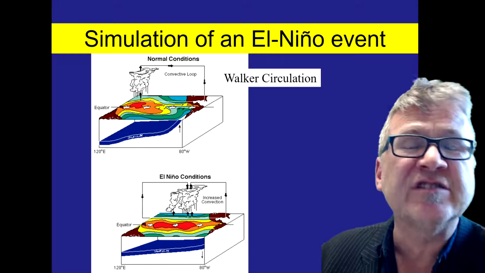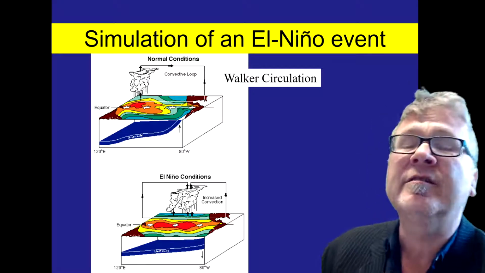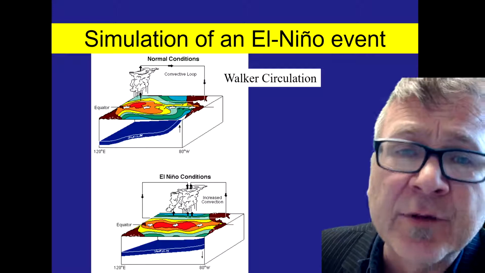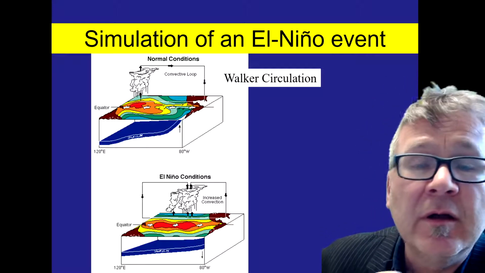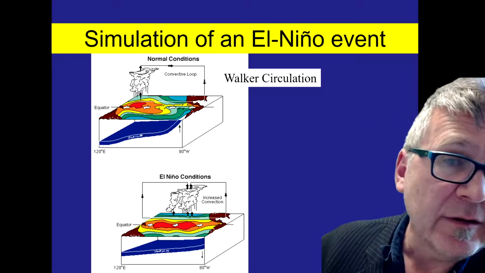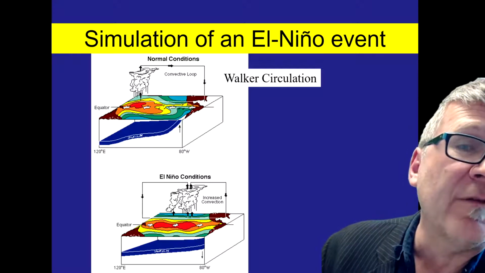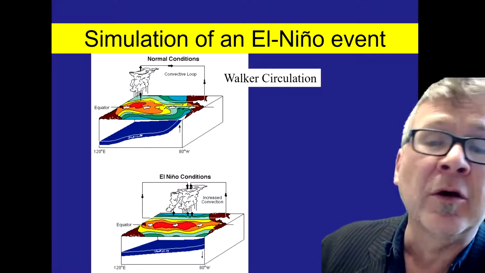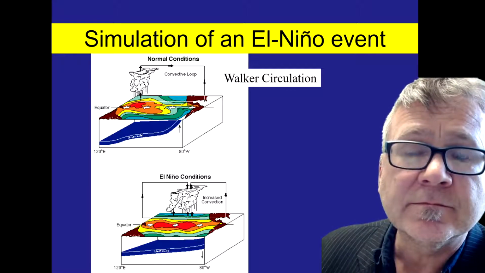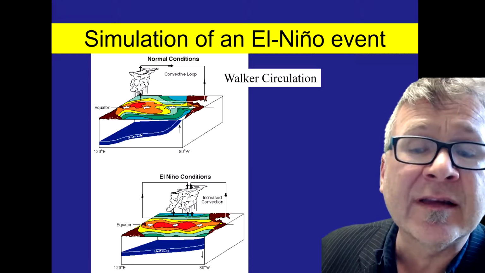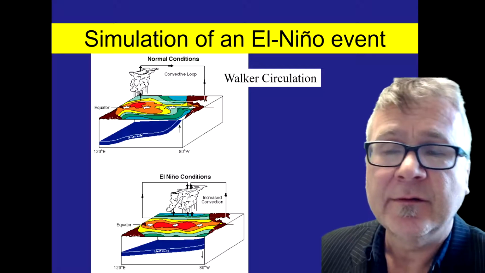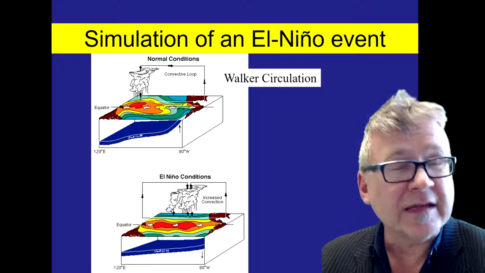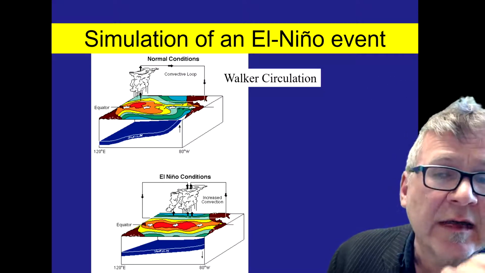It essentially starts with a wind disturbance over the western equatorial Pacific Ocean and a particular wave in the ocean that propagates eastward along the equator. It's the so-called equatorial Kelvin wave. So that is sort of the key ingredient.